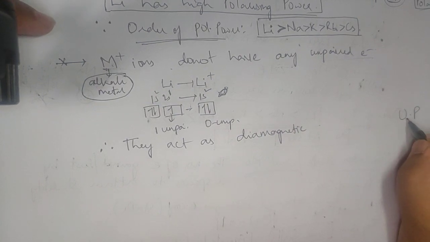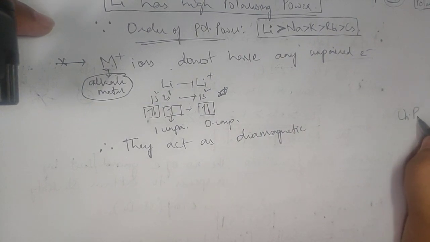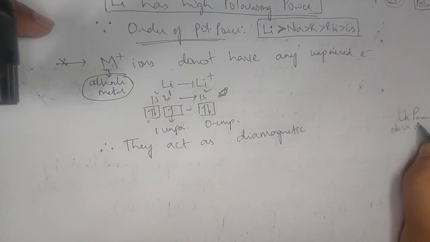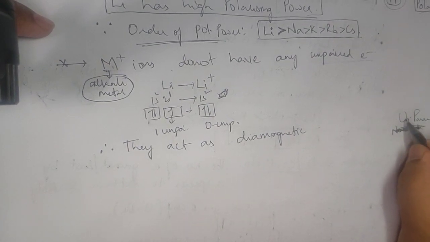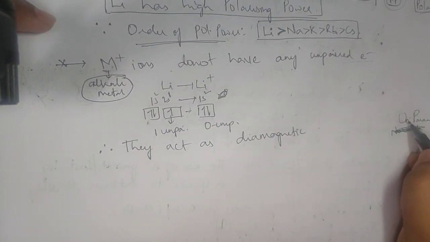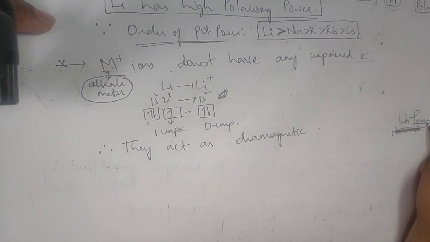What is UP? If unpaired electrons are present, then they are paramagnetic. If there are no unpaired electrons, then they are diamagnetic. So if you remember UP, Uttar Pradesh, then you can understand.